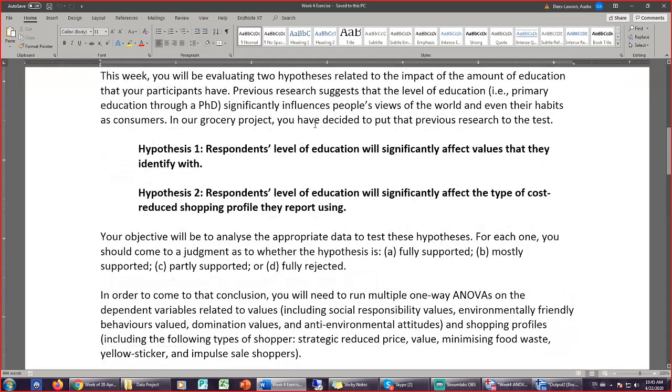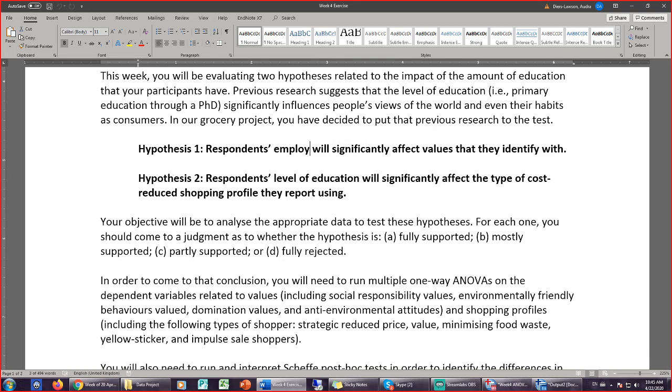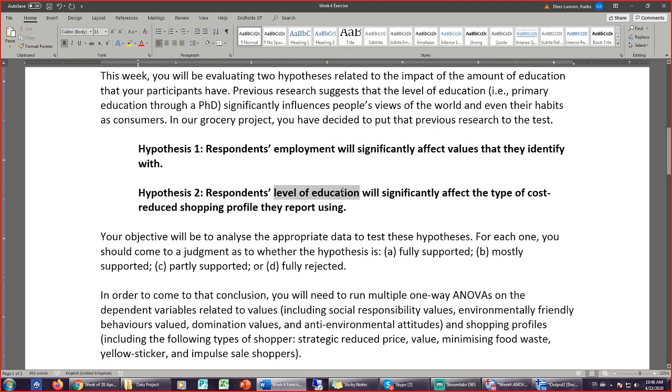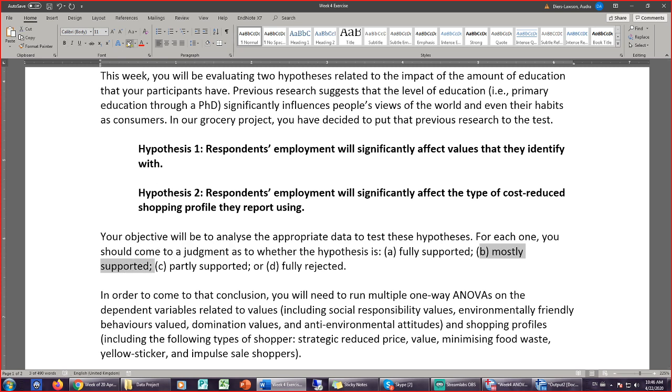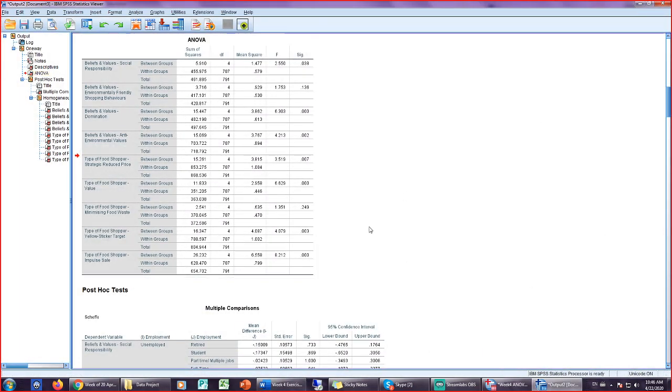But imagine that instead of level of education, respondents' employment, if these were the two hypotheses that we were considering, already we would be able to draw this conclusion, that they are mostly supported. But we don't want to just leave it there, because that doesn't tell us a lot. At this point, we can't make a reasonable conclusion as to where there are differences.